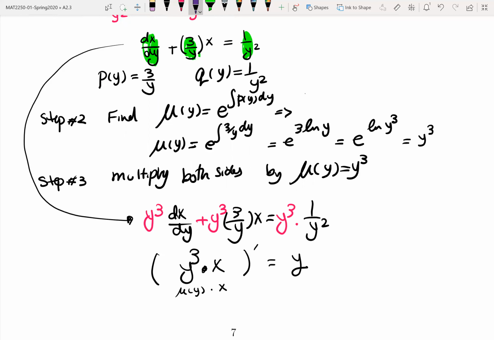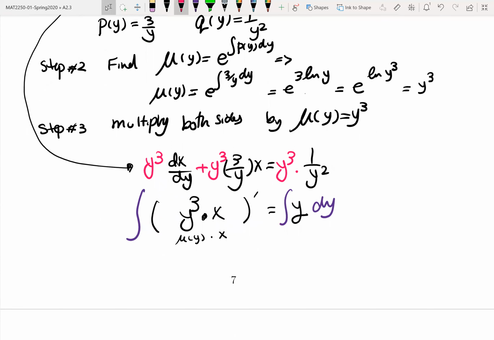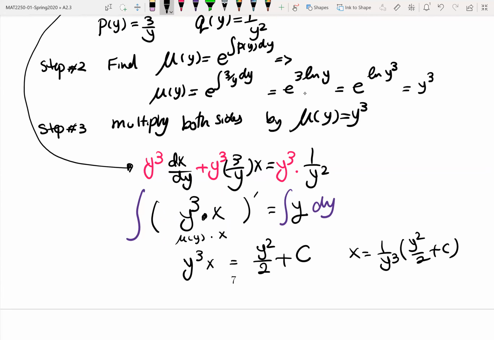Then I integrate both sides, dy, and that gives me y cube x on the left, and y squared divided by 2 plus a constant on the right. So x is 1 over y cube times y squared divided by 2 plus c.